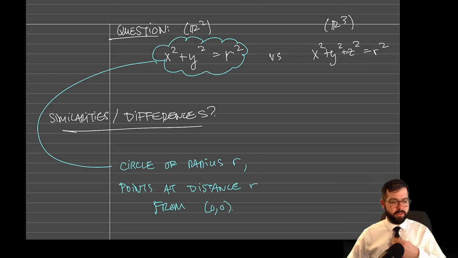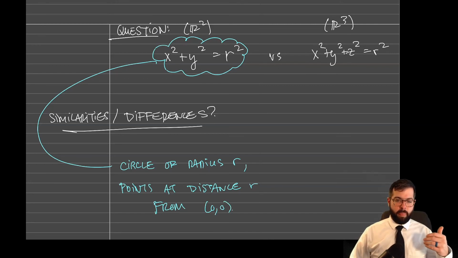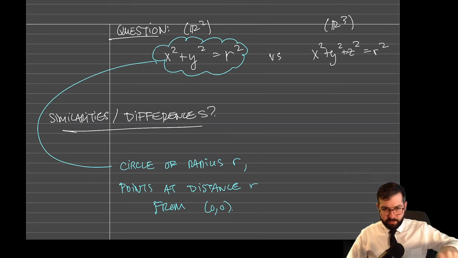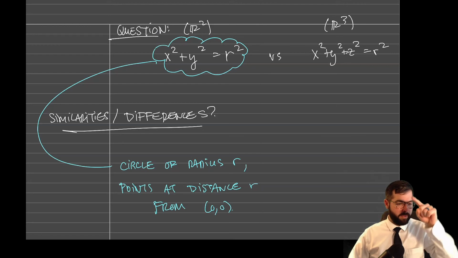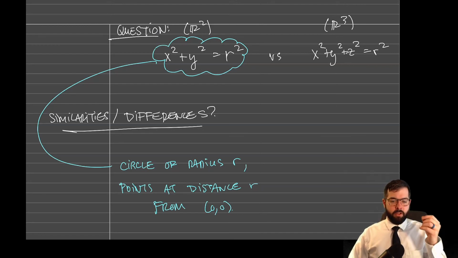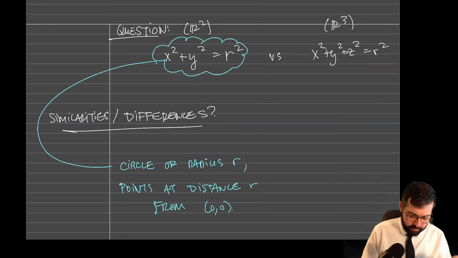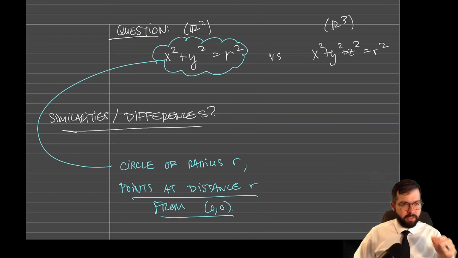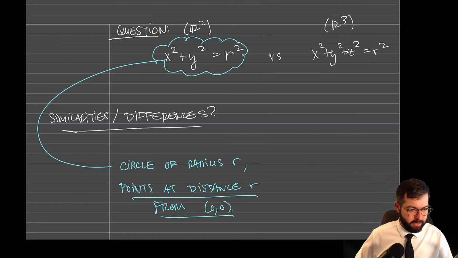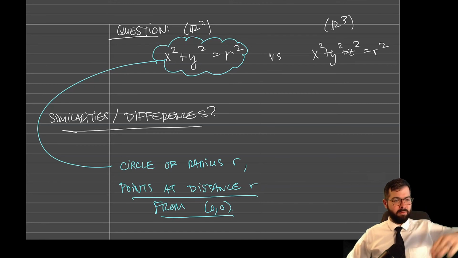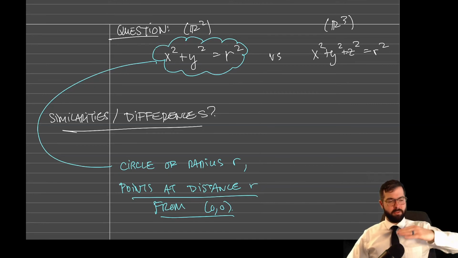Here it's centered at the origin. So it's the shape formed by the points that have fixed distance, and that's how we get that perfectly round shape. It's a fundamental shape. The big takeaway is that it's the points at a fixed distance from (0, 0). How does that generalize into R3 if my distance now has a z component?